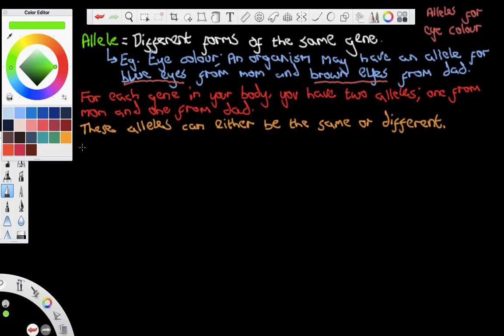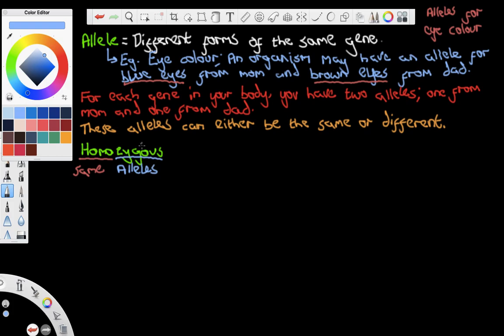So the first keyword is the term homozygous. Now, the word homo means the same. If you are homosexual, you like people of the same sex. The word zygous means alleles.